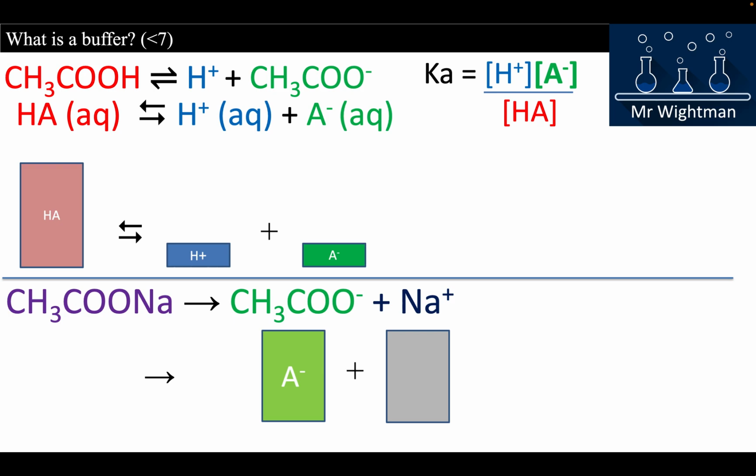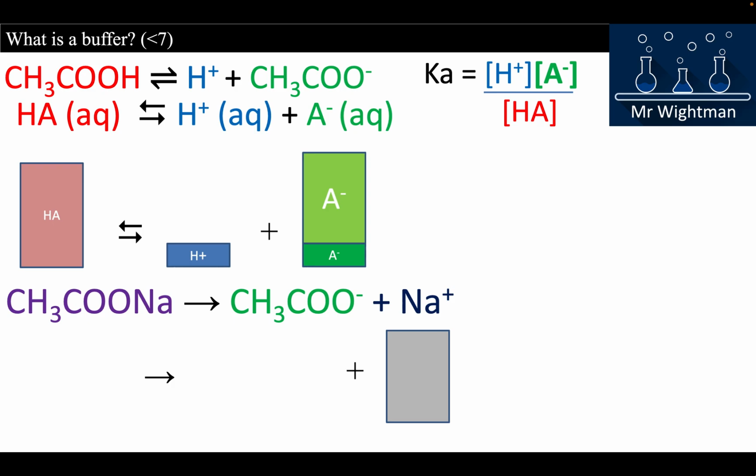Previously, if we wanted to do some Ka calculations, we could assume that H plus and A minus being the same amount would give Ka equals H plus squared over HA, so to speak. But we have a large reservoir now, so the A minus that the sodium ethanoate produced is going to add to our existing A minus that HA produces as well.